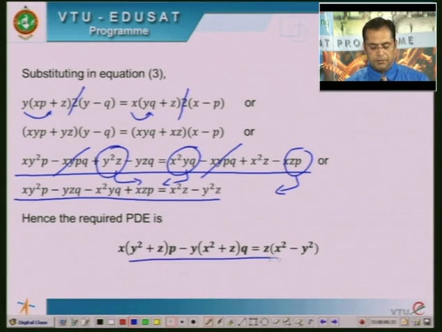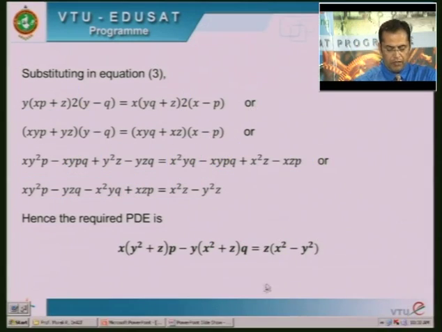Or finally taking p and q terms to LHS, we are left with x into (y square plus z) into p minus y into (x square plus z) into q equal to z into (x square minus y square), which is the required PDE, again of order 1.